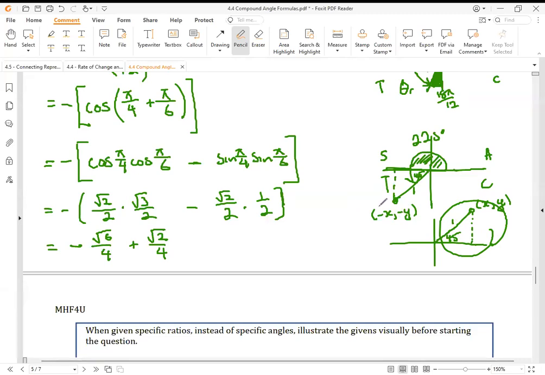So if I have cosine of 225, which is, if you remember, the x over r, I could pretend to get the same answer from cosine 45, x over r, but because the x value is negative, this one has to be negative of whatever I get from quadrant 1.